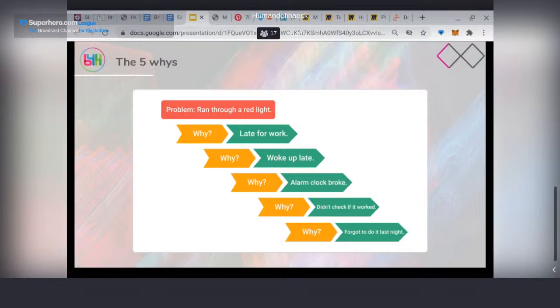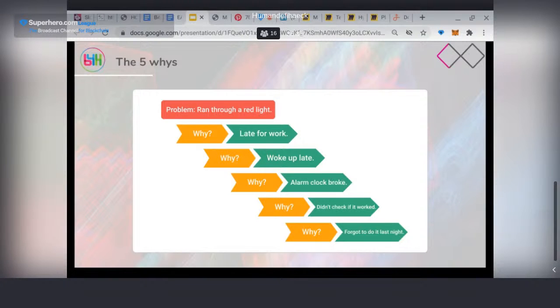And to that answer, you just ask why again. That way you start spotting different causes of that initial problem, and you can spot a very meaningful root cause.